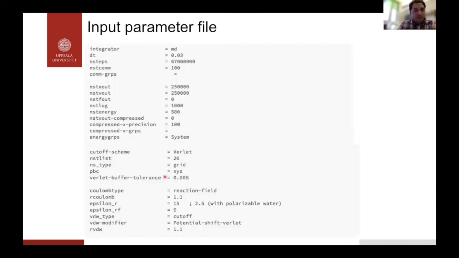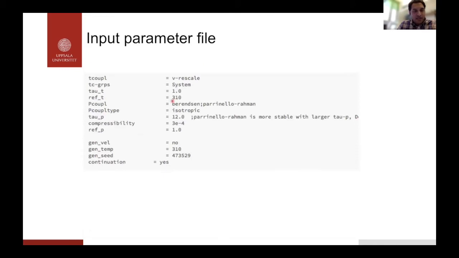Here are some examples of these definitions that you can use, like the integrator scheme, the time steps, and how many time steps you want to perform in the simulation. Also there are the reference temperature and reference pressure, in addition to what type of pressure and temperature scheme you are using.